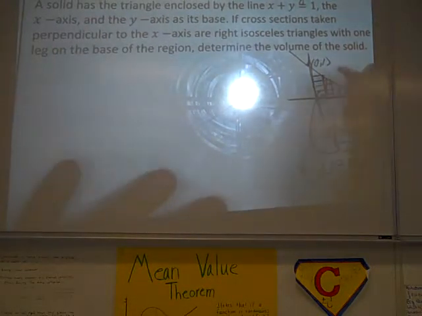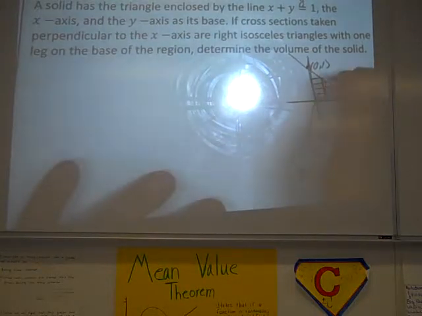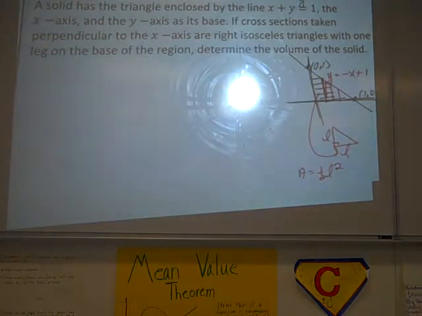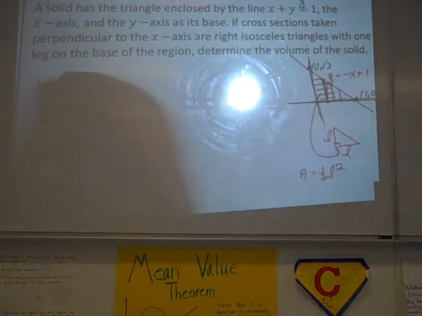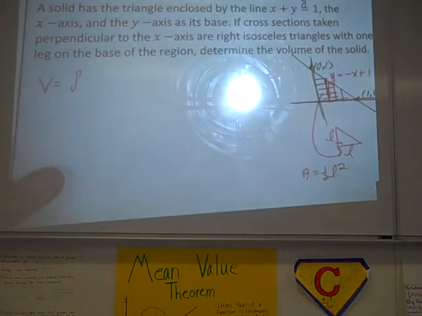Well, what is L? L represents the distance from the x-axis up to the line, and that line was y equals negative x plus 1. To find the volume, we're going to do an integral, and we're going to integrate from where to where?